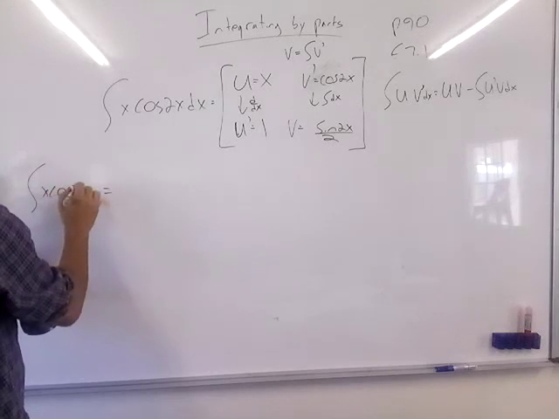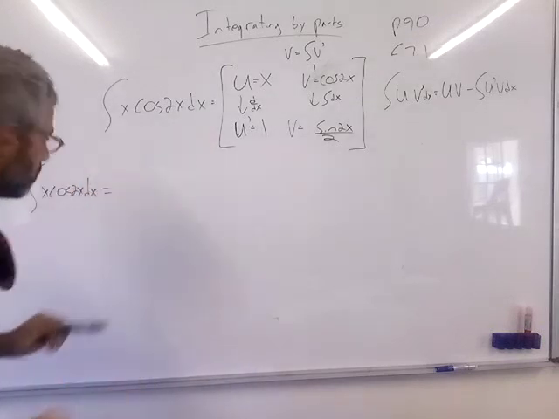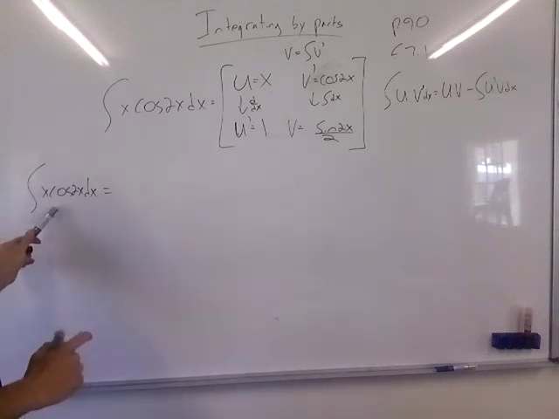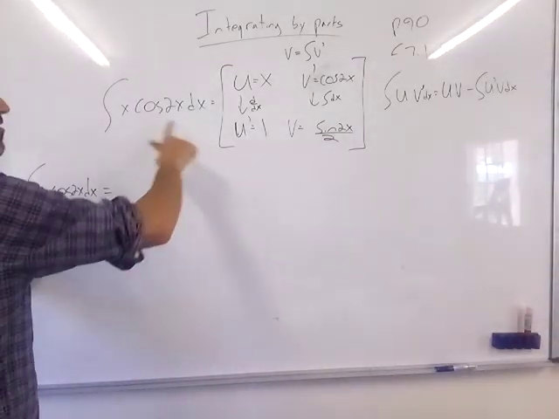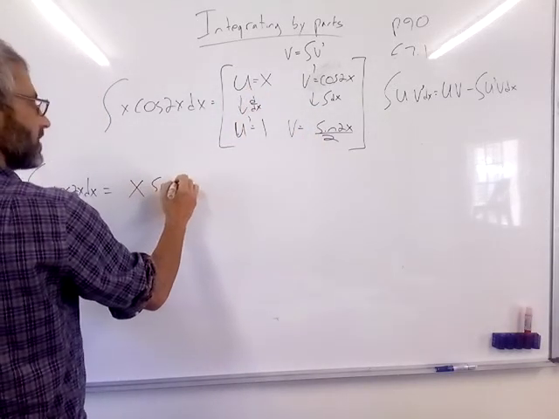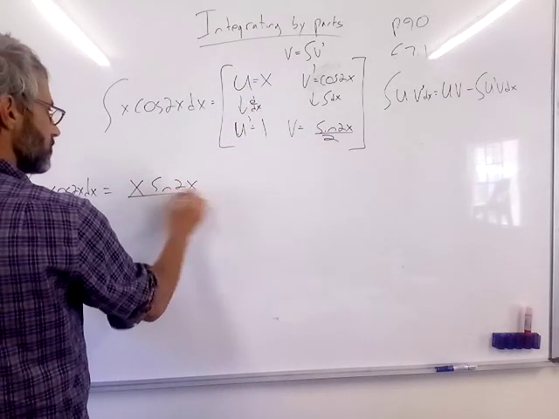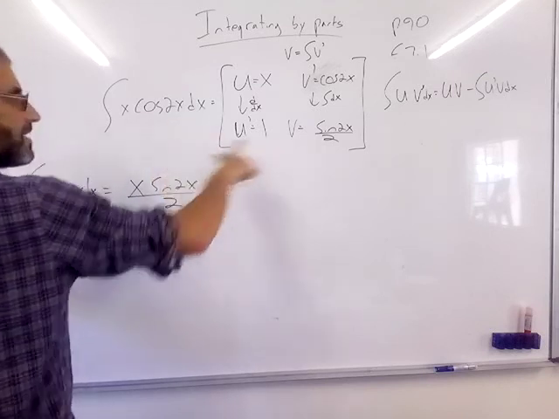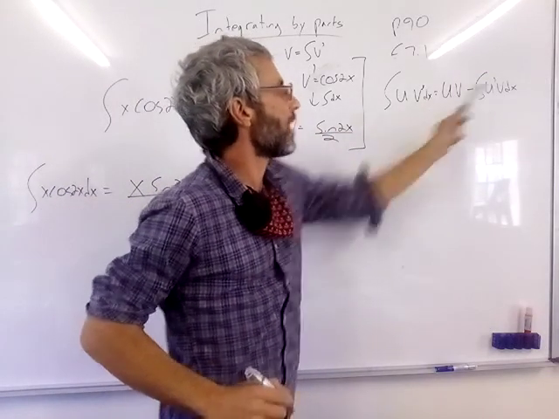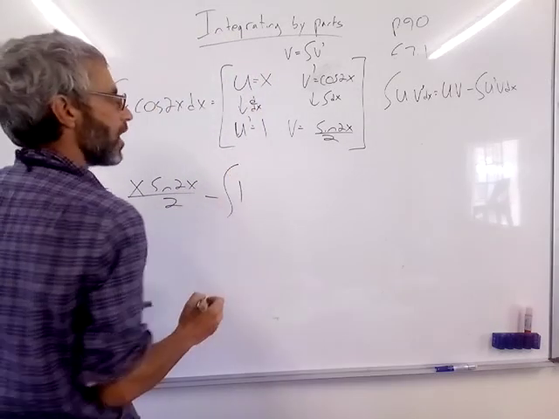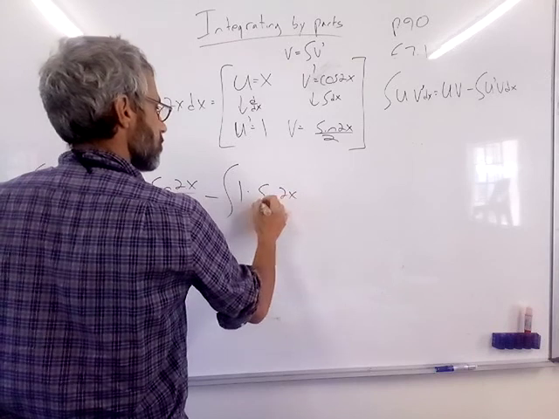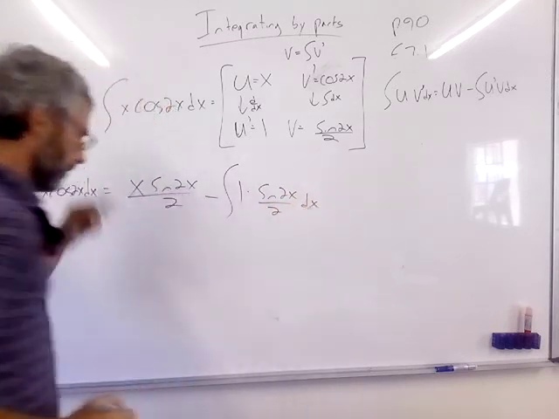The integral of x cosine 2x dx is going to be equal to u times v, which is x times sine 2x over 2, minus the integral of u prime times v. Here u prime is 1, and v is sine 2x over 2, dx.